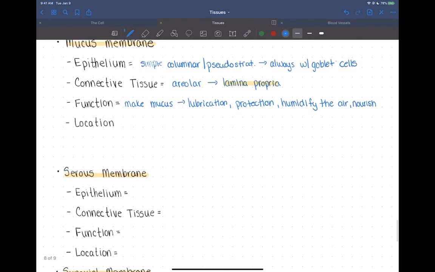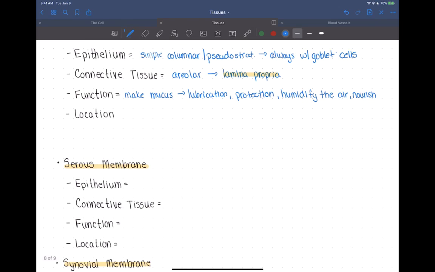And so we'll list some of those locations we just talked about. We have the digestive tract, the GI tract, the respiratory tract, the urinary tract, and the reproductive system.